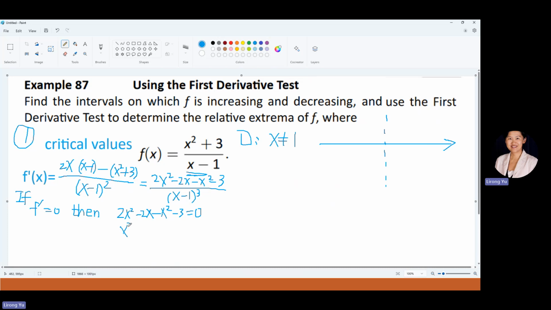It's x squared minus 2x minus 3 equal to 0. This factors into x minus 3 and x plus 1. So x minus 3 equal to 0 means x equals 3, and x plus 1 equal to 0 means x equals negative 1. So those are the two critical points.